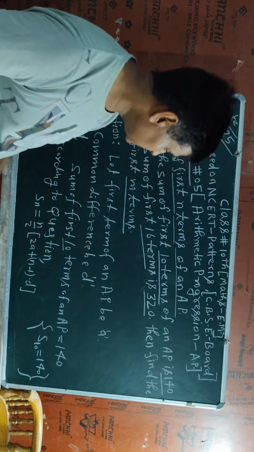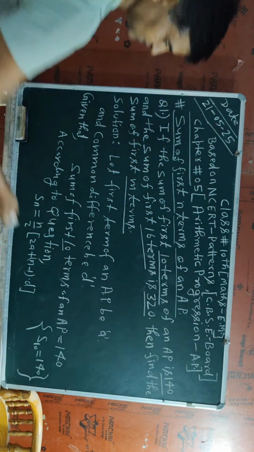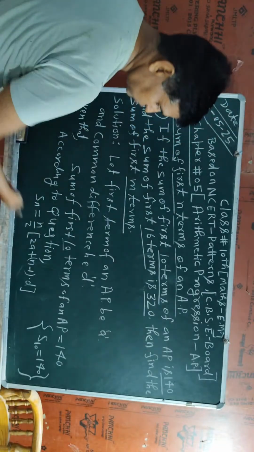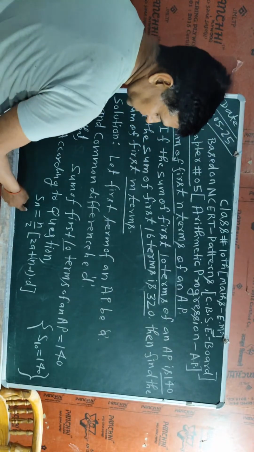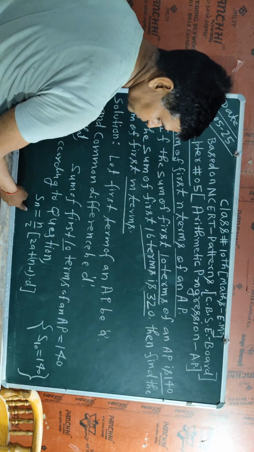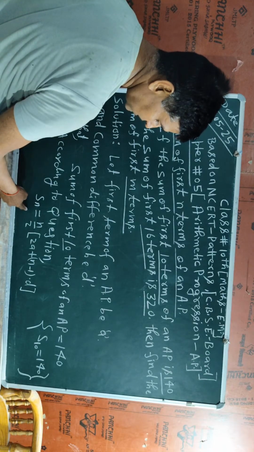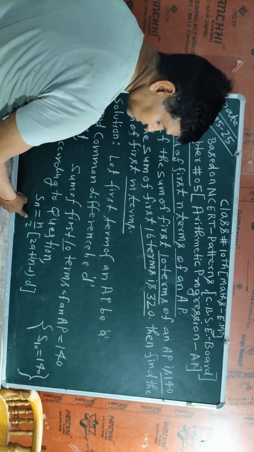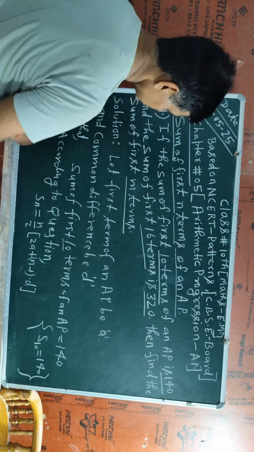So I will simplify. Okay student, this information I am going to substitute in the general form. This is the general form of an arithmetic progression, how we calculate the sum of the first terms.